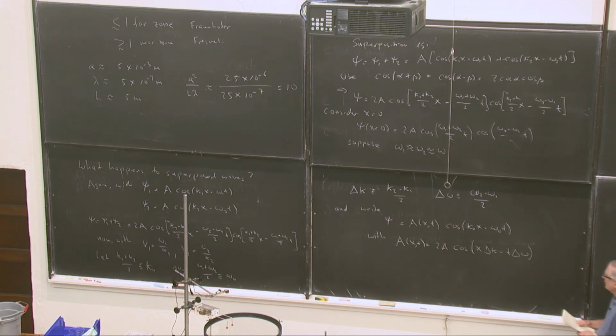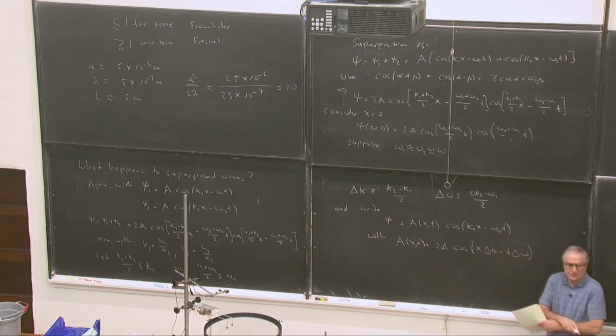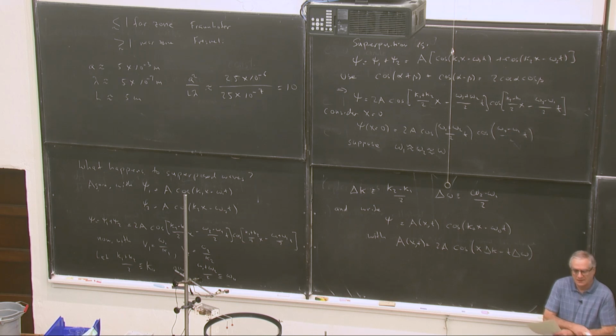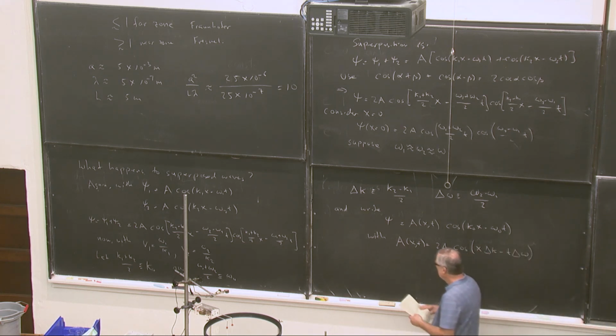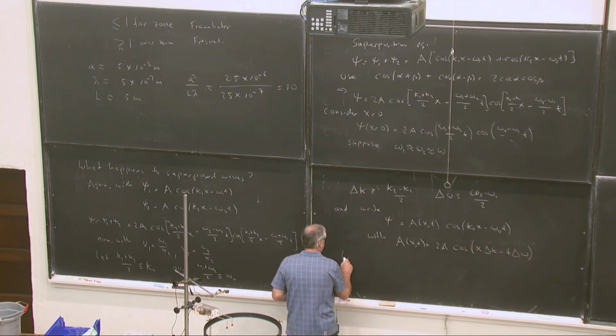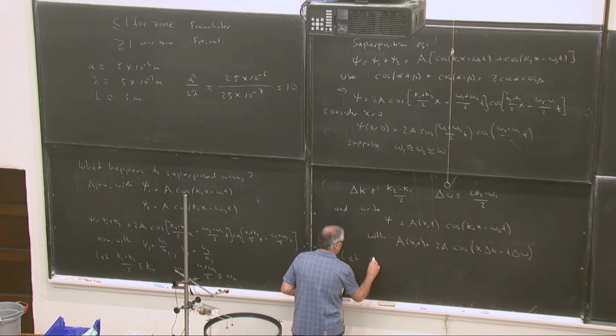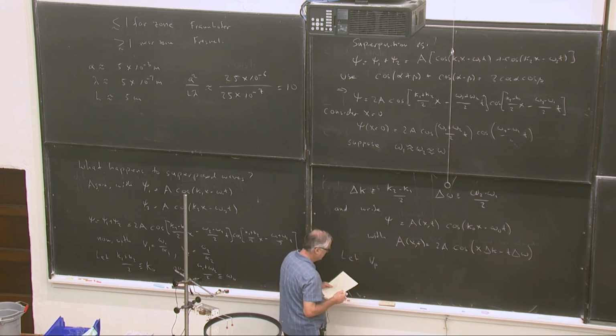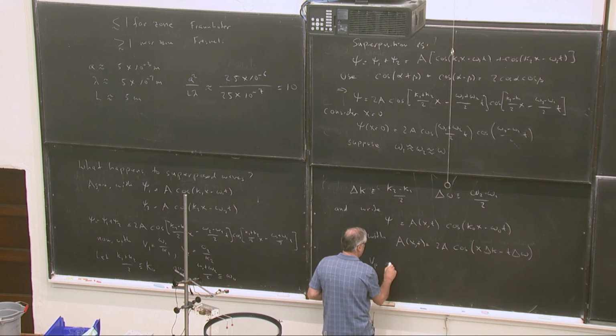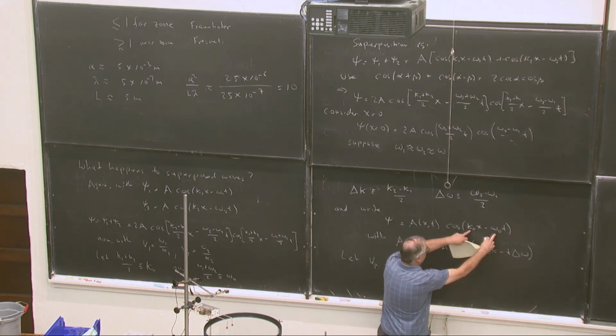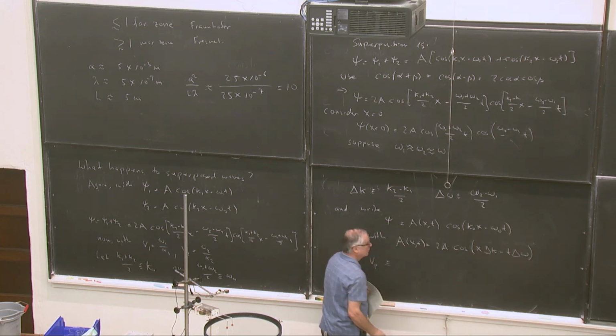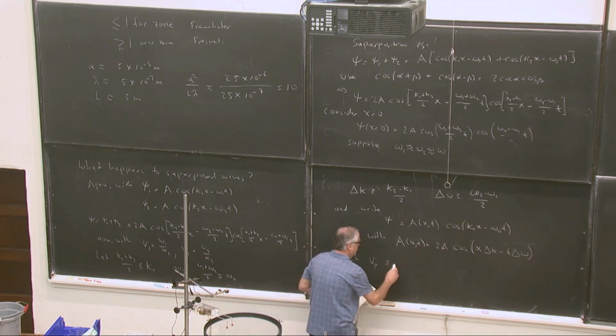So let me now consider some velocities that I can form. Let's define a velocity, we'll call it v sub p. Let's take that to be defined as omega naught over k0.